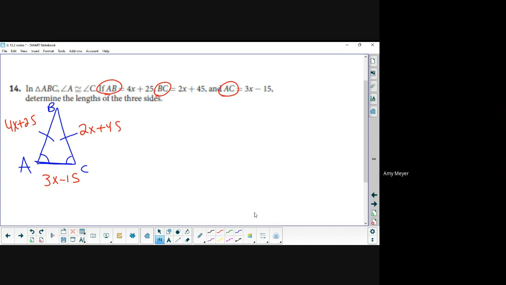Somebody tell me where to start for anybody who's stuck? Y'all are working, I just don't know what I'm doing. Okay, I did something wrong.